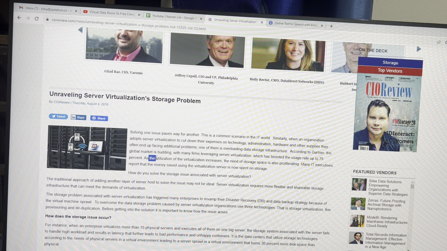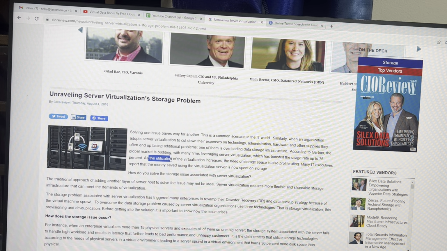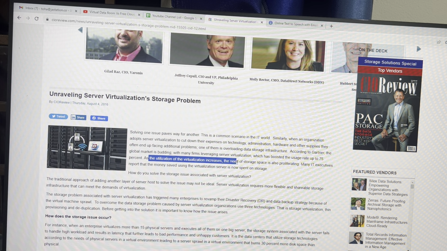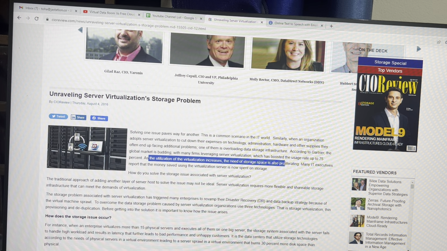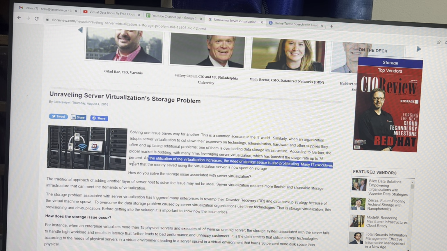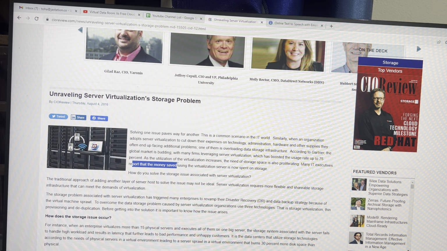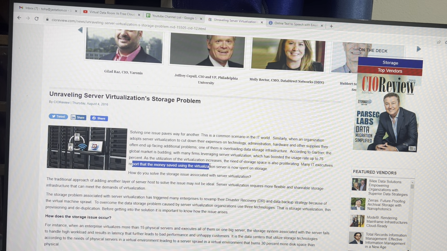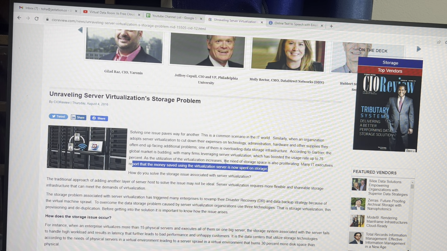As the utilization of virtualization increases, the need for storage space is also proliferating. Many IT executives report that the money saved using server virtualization is now spent on storage.